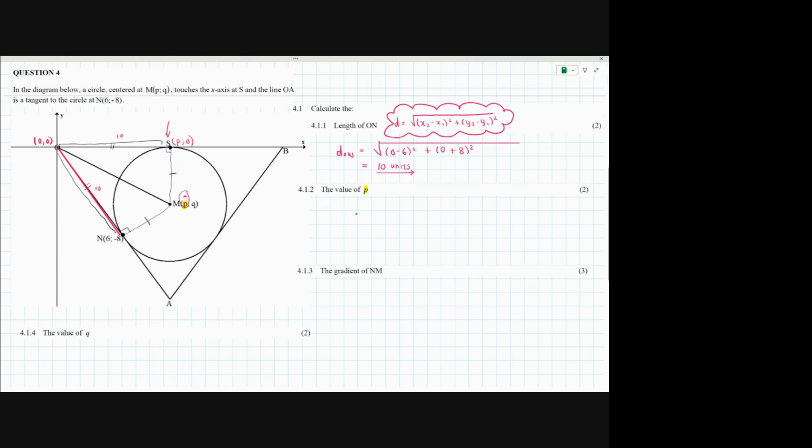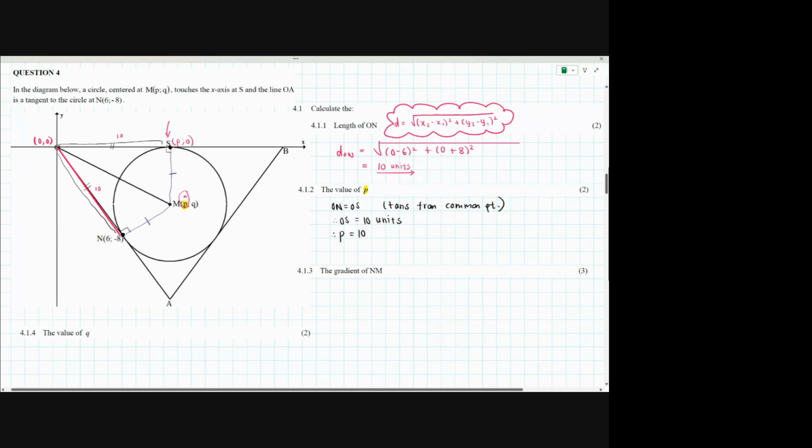So obviously we need to write a whole bunch of stuff down. So first of all, we know that ON is equal to OS, and I said this earlier, because of tangents from a common point. And so that therefore means that OS is also equal to 10 units, which therefore means that P is equal to positive 10.